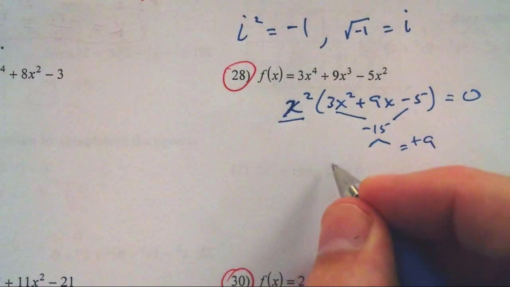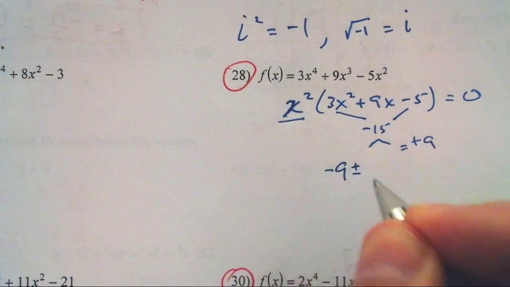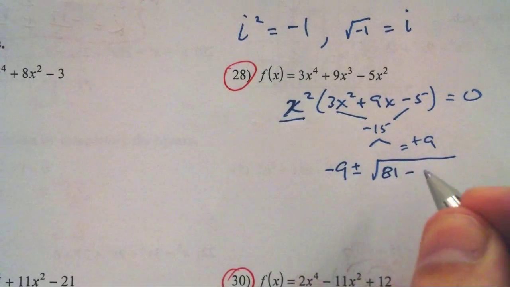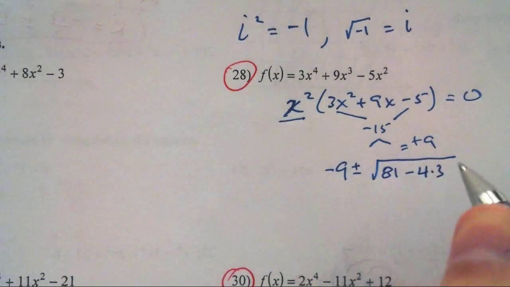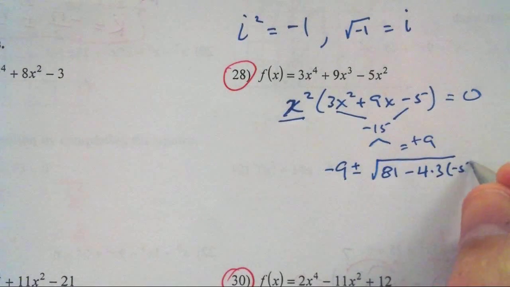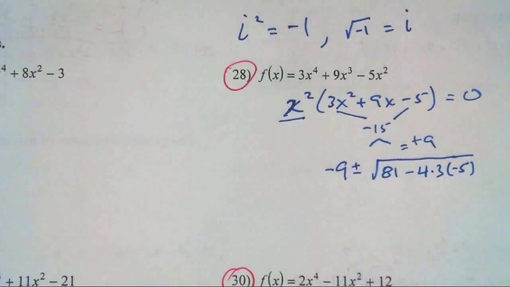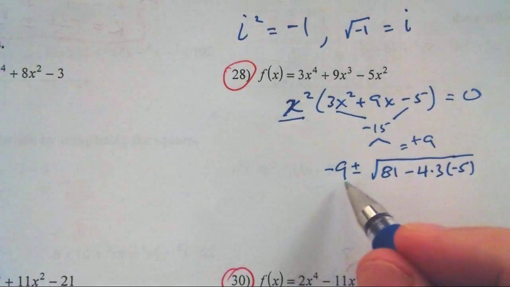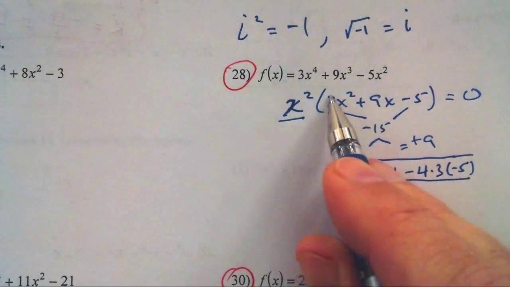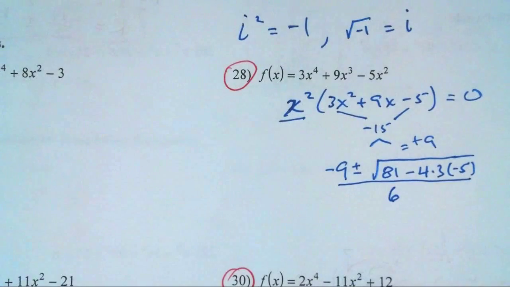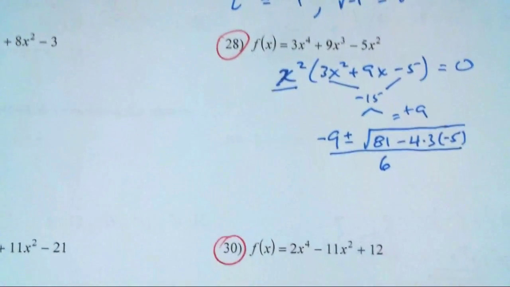So, opposite of b, plus or minus square root of b squared, 81, minus 4 times a, 3, times c. It's not 5, it's negative 5. I'll have really, really good calculus students not bother to put the negatives in there. All over 2 times a. All right?